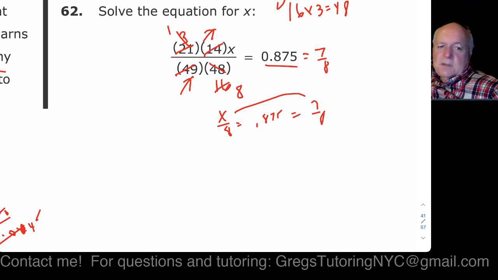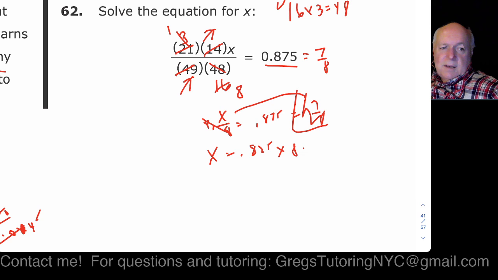Otherwise, what you need to do is, if you don't know that, you need to multiply this by 8, so that would cancel, which means we have to do x is equal to 0.875 times 8. That's an ugly multiplication. But at the end of the day, when you do it, that's supposed to be equal to 7.